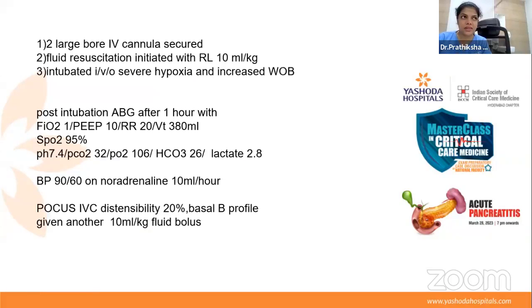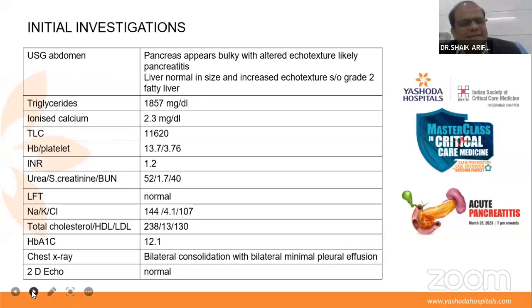Sir, the initial investigations which we did in our hospital: ultrasound abdomen shows pancreas bulky with altered echo texture, likely pancreatitis. Liver was normal in size with increased echo texture, suggestive of grade 2 fatty liver. Triglycerides were elevated, 1,857 milligram per deciliter. Ionized calcium was low, 2.3 milligram per deciliter.